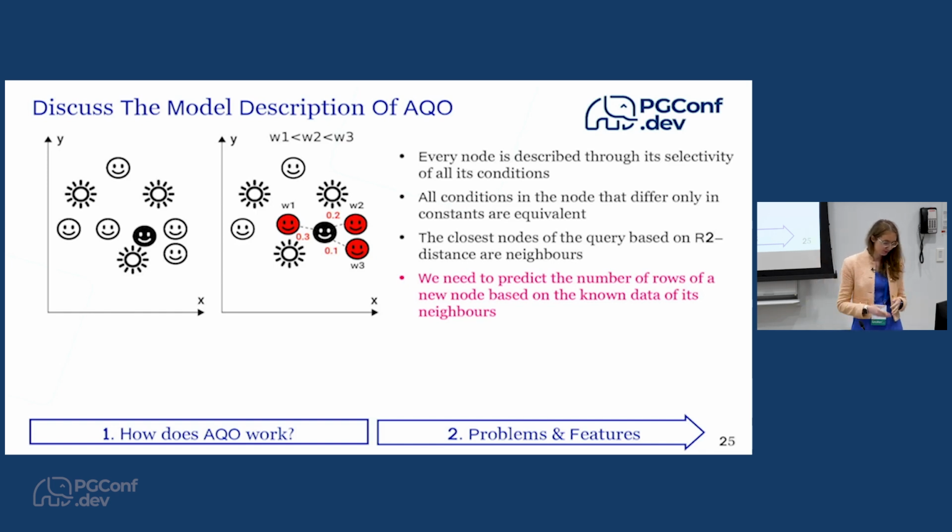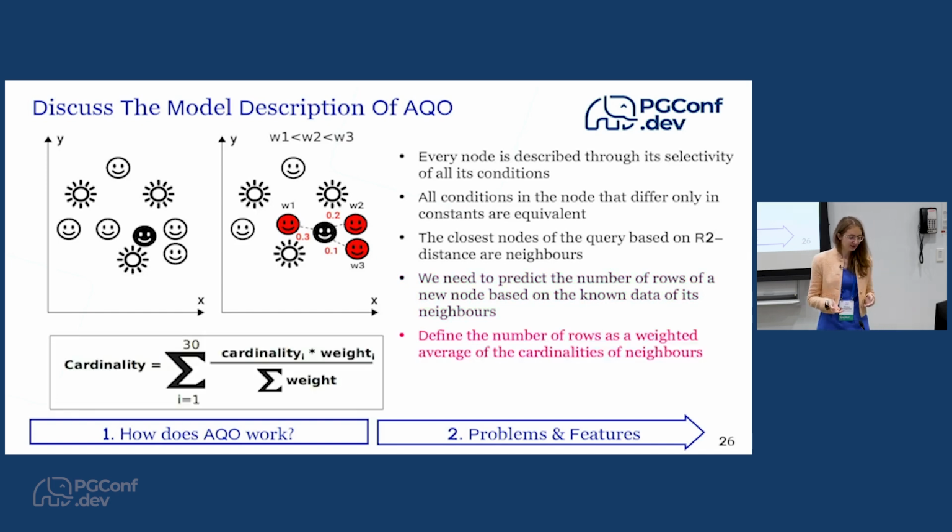You can see that the contribution for the left smiling face is the smallest one because it is farthest from the black smiling face, while the red smiling face with the W3 sign has the biggest contribution because it is the closest to the black smiling face. So we define the number of rows as a weighted average of the cardinalities of the neighbors.